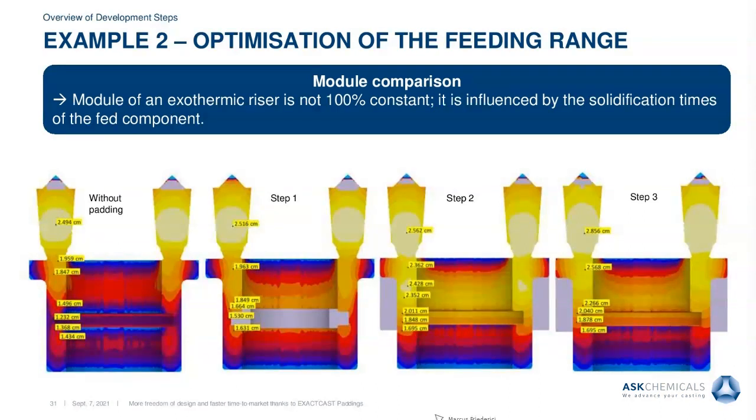I just want to show you why this is working in that way, or what you should consider here. So this is, one more time, the module comparison, and you can see that the module of your casted component from the beginning without padding is rising as you put more and more energy in with the padding.